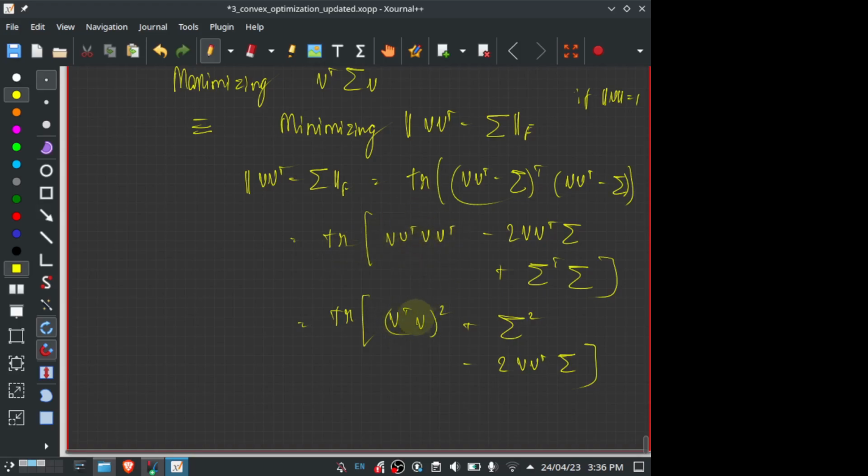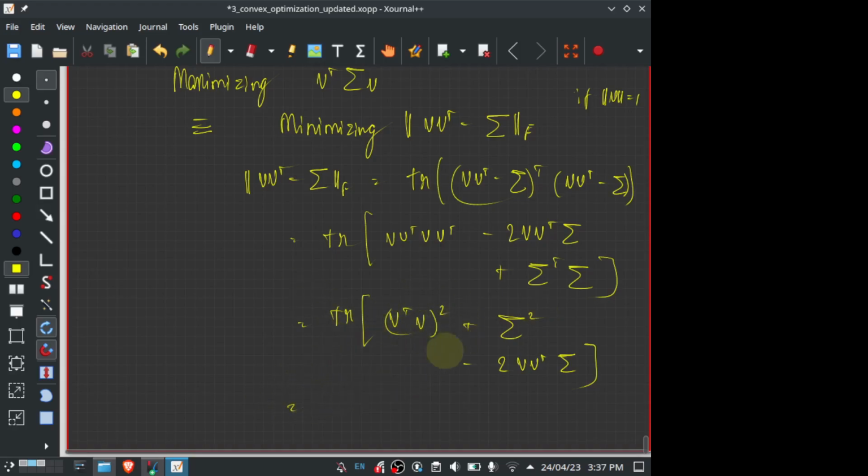So this quantity is just (V transpose V) the whole square. Sigma is of course symmetric, so trace of sigma transpose sigma is the same as trace of sigma square. And the third term is left as it is.